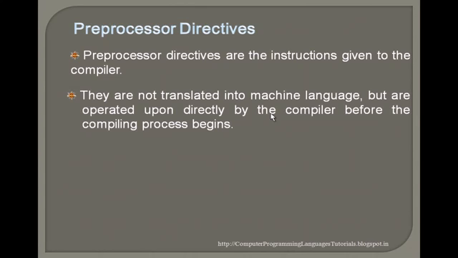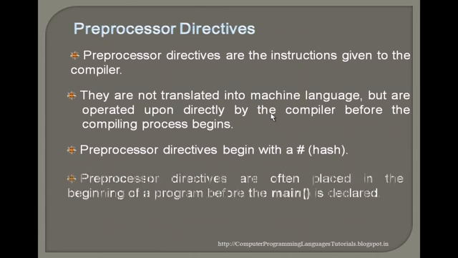But during program execution, these preprocessor parts are not translated into machine language. But it is important. Why? Because it operates before the beginning of your program. Preprocessor begins with the hash symbol, and it is compulsorily placed above the main function.